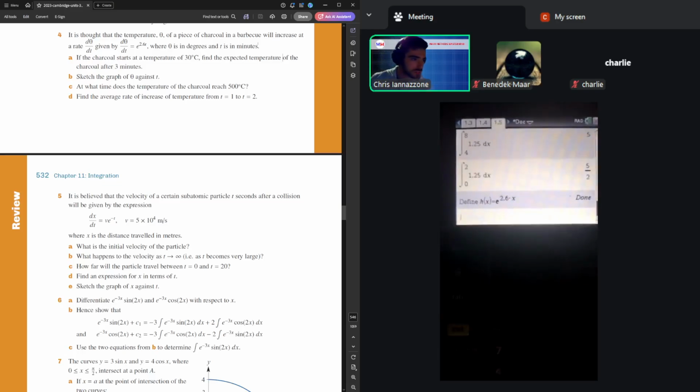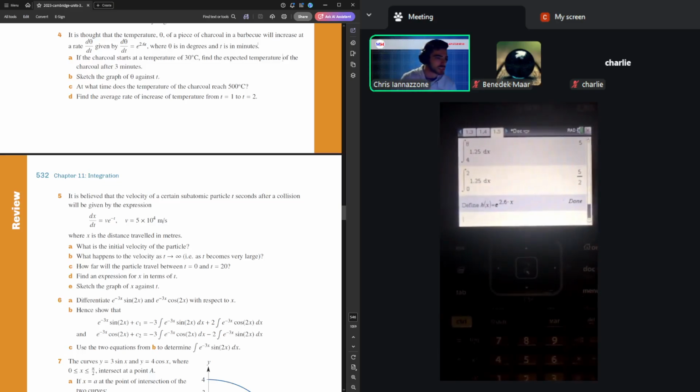We currently have the rate at which temperature is increasing. We're told the starting value is a temperature of 30 degrees. We want to find out what the temperature would be after 3 minutes.